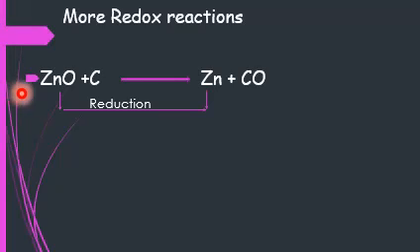We come to know ZnO gets converted into Zn, so oxygen is removed from here. That is how this is a reduction reaction. If we talk about the oxidation here, then carbon gets converted into carbon monoxide, gaining one oxygen, and it is called an oxidation reaction.